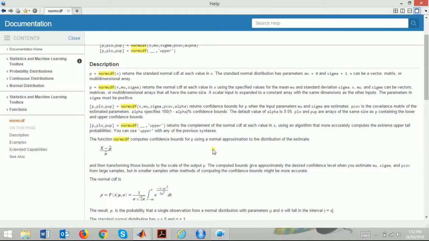So we were talking about the normal cumulative distribution function. What is the use of the normal cumulative distribution function? It gives you a confidence bound for the distribution using a normal approximation.